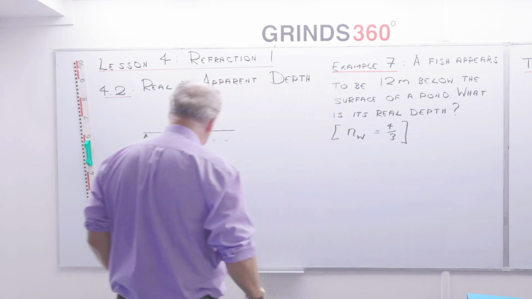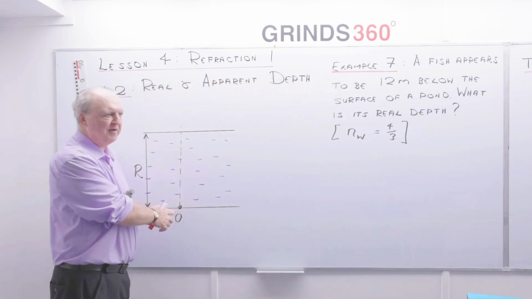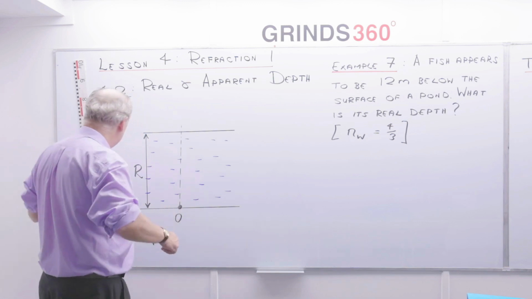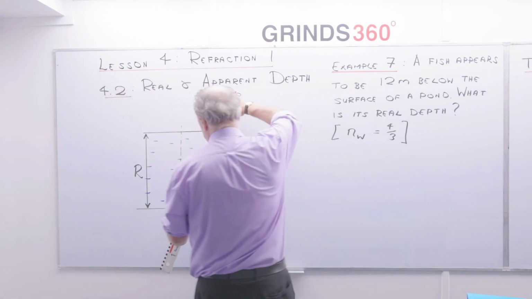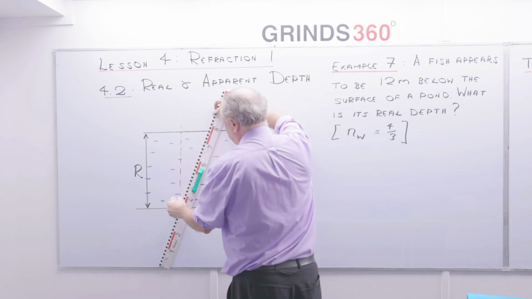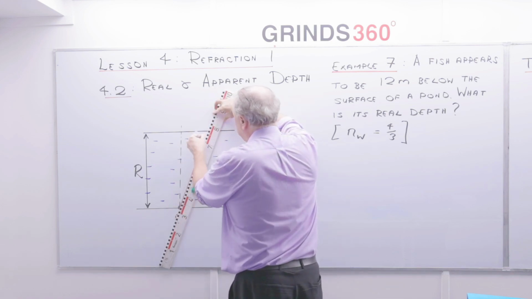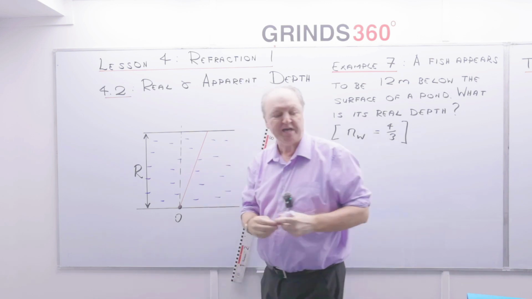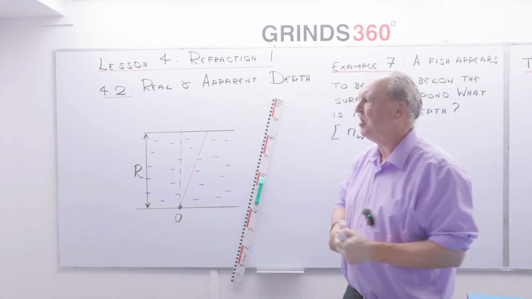Well, there's going to be millions of rays of light coming off that object. All I want are 2 rays. So let me take a random ray coming out. It travels straight up through the water. And then, when it hits the surface, what's going to happen to it? Let me put my normal in.